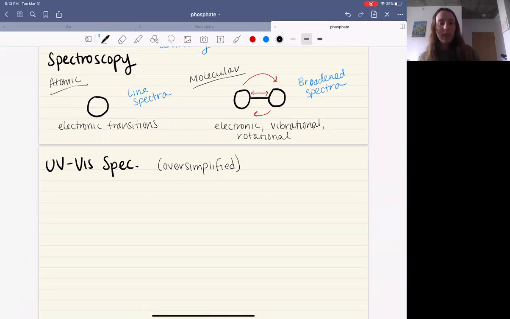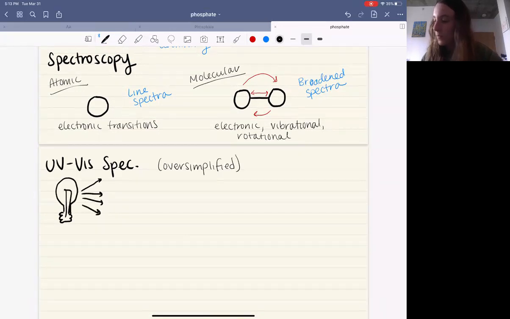Okay, so first things first, kind of like I've touched on a bit, is our light source. For UV visible spectrophotometry, we want to be able to emit in the UV and the visible.